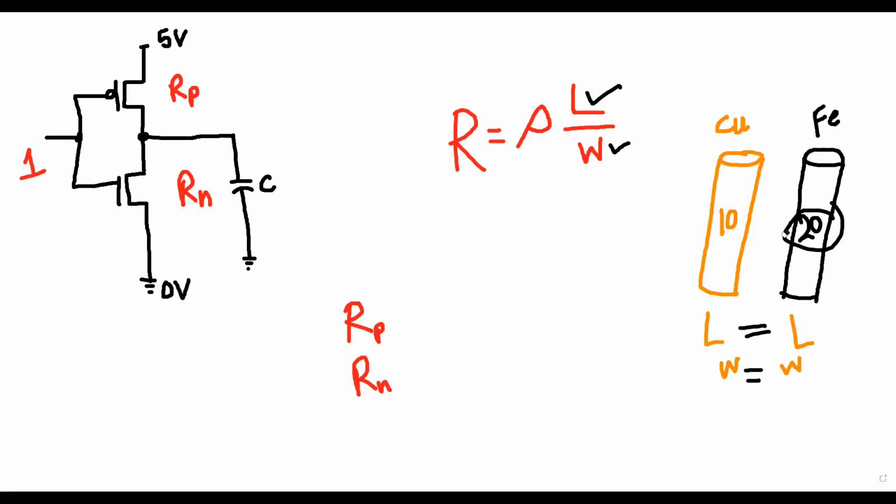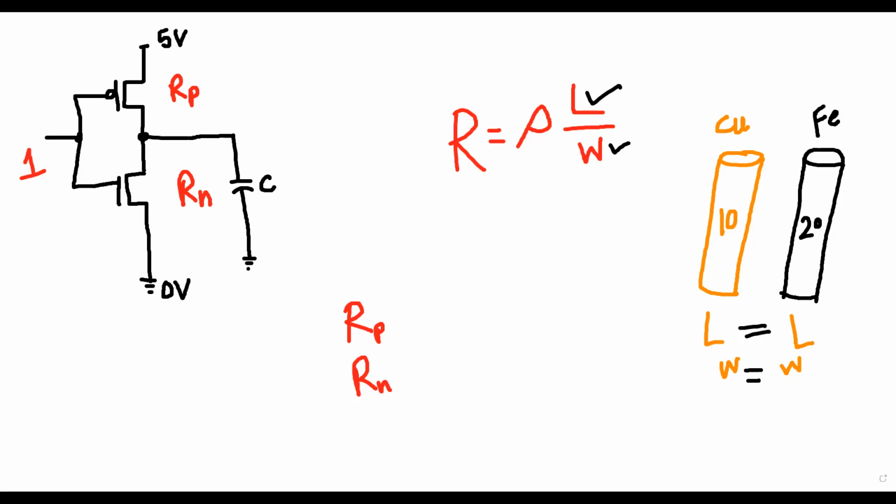Now, how can you make the two of them equal in resistance? Is there any idea? You cannot change rho because it is copper and iron.